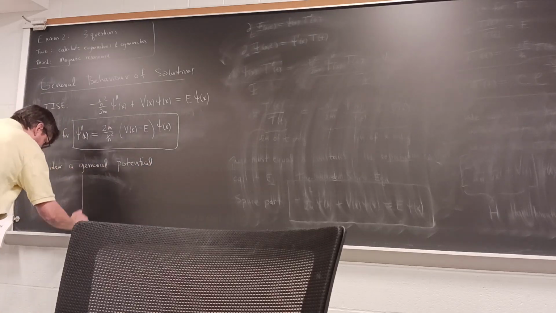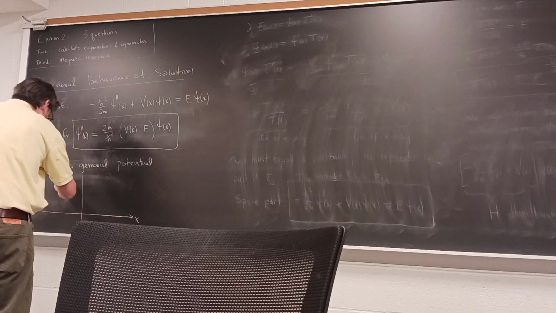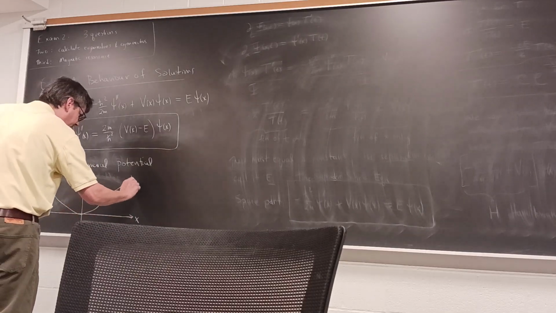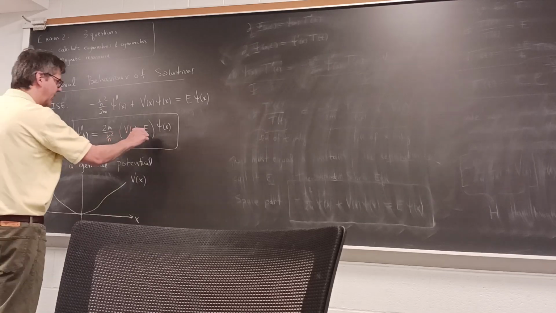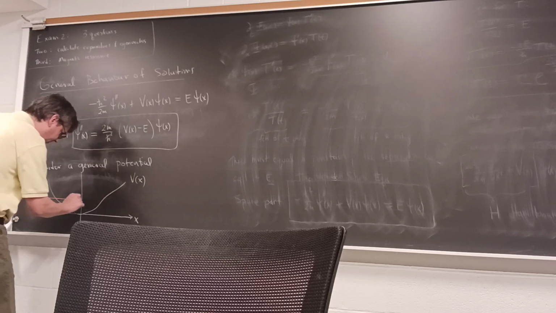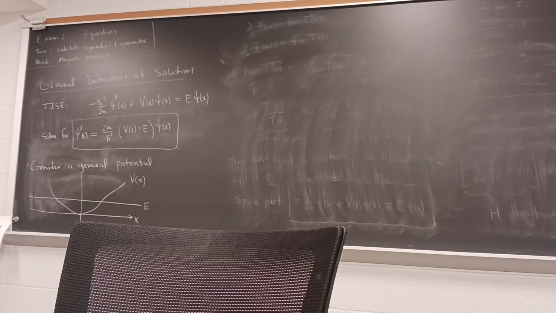If we draw our coordinate axes, let's just assume it does something like this. We don't have to be more specific than this. Just call that V of x. And then we'll pick a particular energy, so let's look at solutions where we have this as the energy.